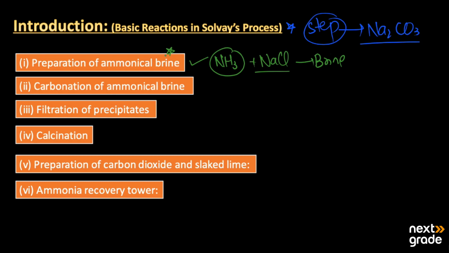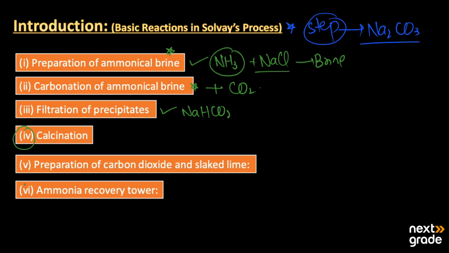After its production, second, we have the carbonation chamber or the carbonation tower, in which the carbonation of the ammoniacal brine takes place. It is basically the addition of carbon dioxide. In the third step, we have the filtration of the precipitates that are formed. After the precipitate formation, that is sodium bicarbonate, we have the fourth step, which is calcination.